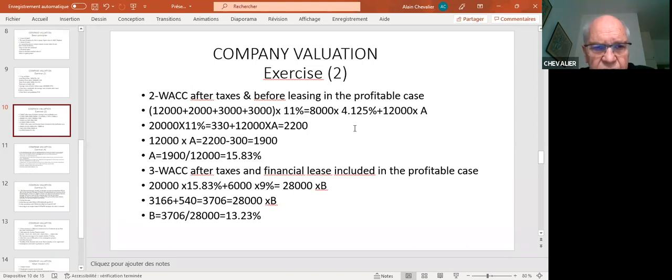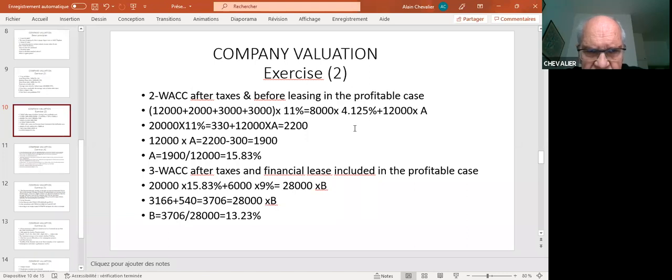Now, what we want is to calculate A. So if we move to the fourth line, we have 12,000 multiplied by A, which is the amount of total equity multiplied by the cost of equity we are looking for, which is equal to 2,200 minus the preceding elements, which means it is 1,900.